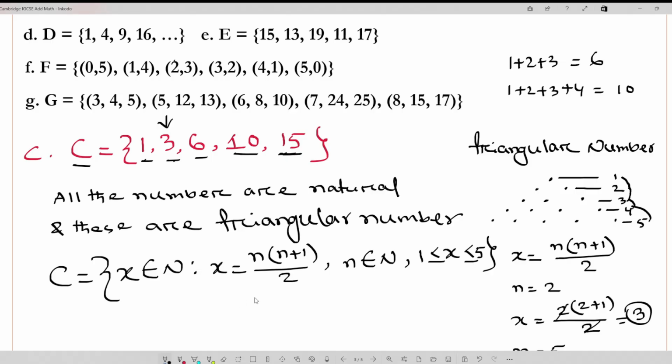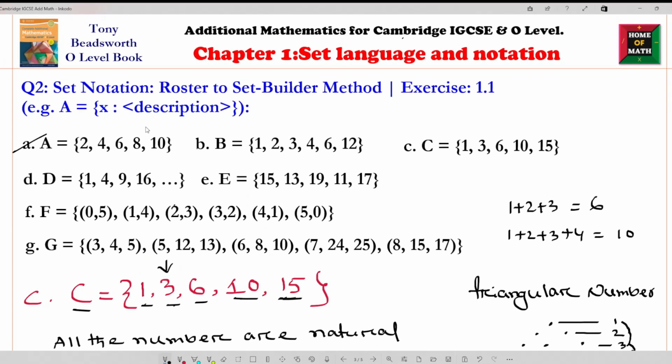Okay, this one we can write. So it's looking complex, but don't worry, once you practice you will easily solve it in the examination hall. So A, B and C are done.